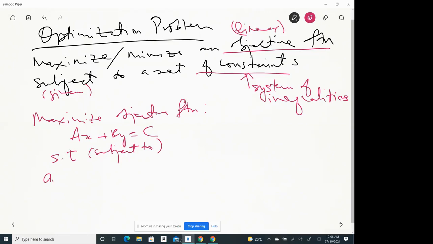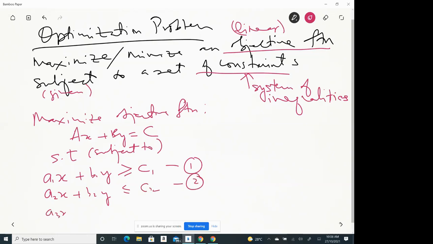Suppose you have a1x + b1y >= c1, call it number 1. And then I have a2x + b2y <= c2, call it number 2. And then you have a3x + b3y >= c3. So you have these constraints.